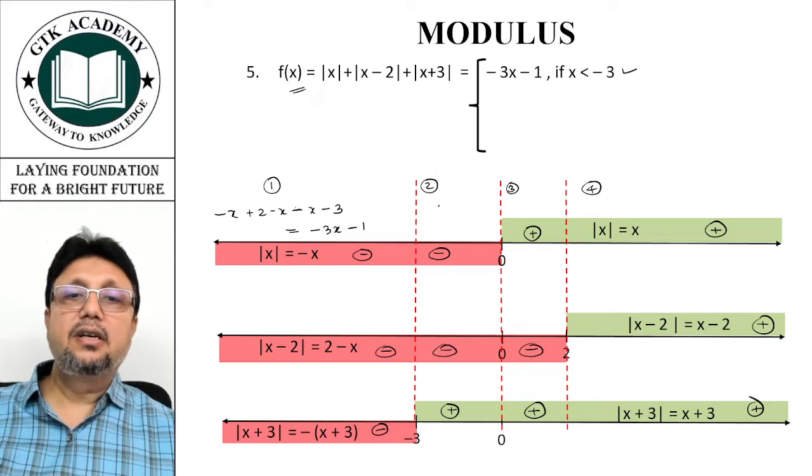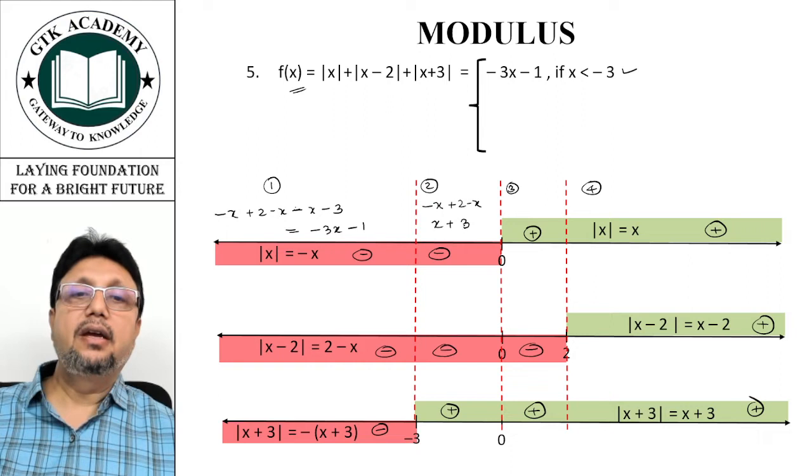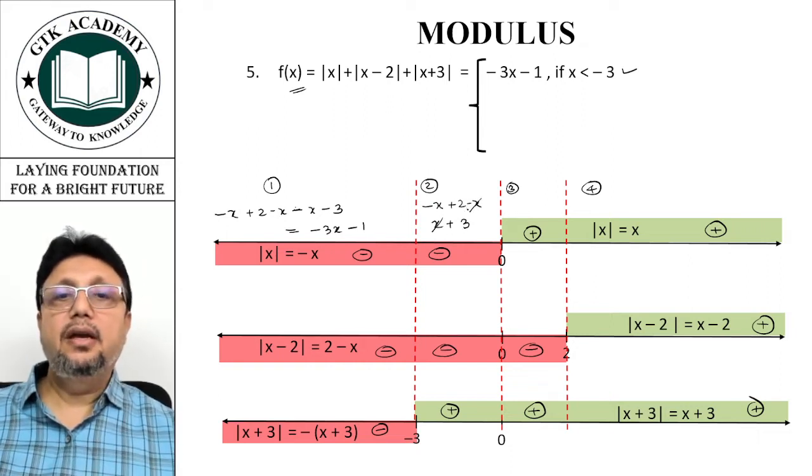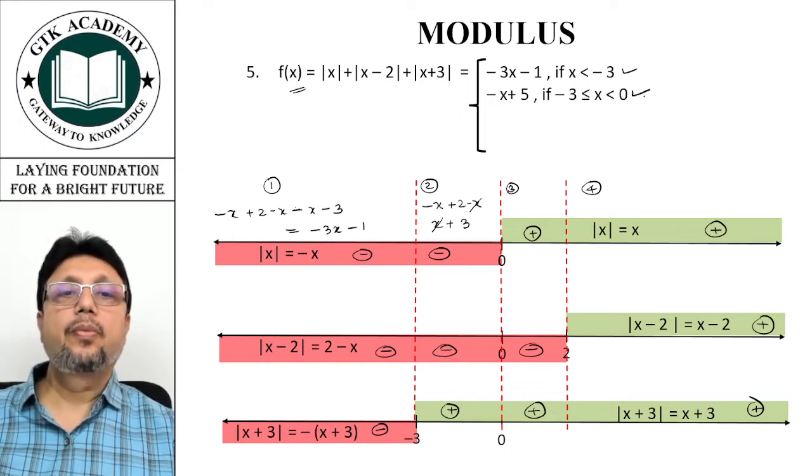In the second region, f(x) will be |x|, which is still −x, |x − 2|, which is again 2 − x, and |x + 3|. This will be written as x + 3. So x will cancel out. It will be 5 − x.